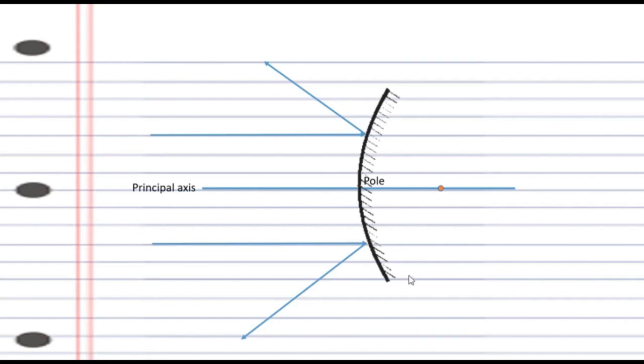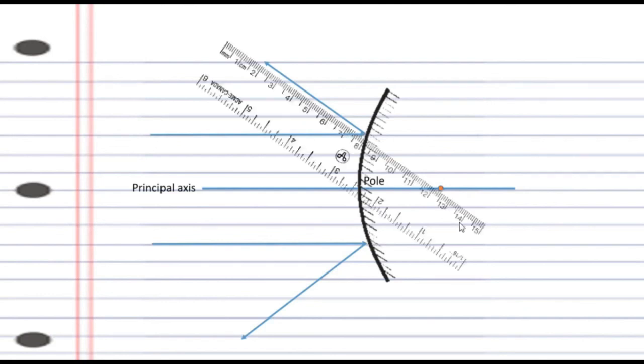Now, the diagram is not yet over. Suppose you can bring back these reflected light rays, will they not pass through this point? Surely, and that we have to show. But reflected light rays cannot be brought back because it's an opaque body here. So the direction I can show with the help of a dotted line.